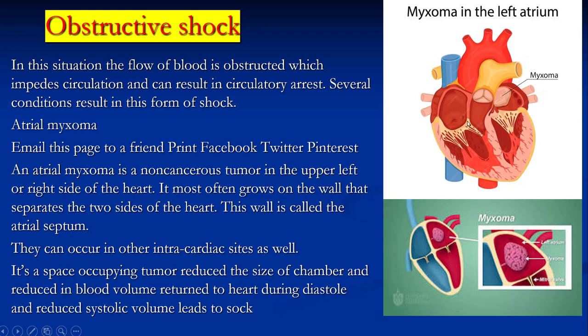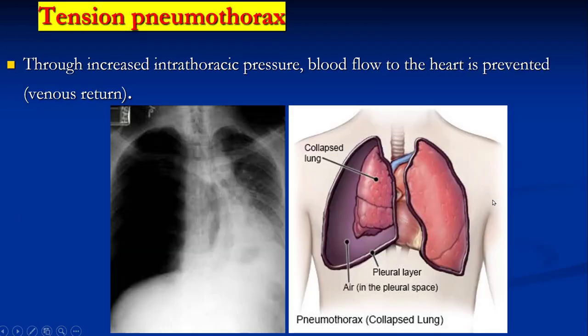It most often grows on the wall that separates the two sides of the heart. This wall is called the atrial septum. They can occur in other intracardiac sites as well. It is a space-occupying tumor that reduces the size of the cardiac chamber and reduces blood volume returning to the heart during diastole and reduces systolic volume, leading to shock.